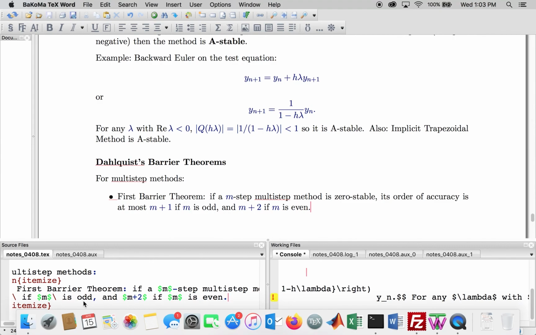One example of where the barrier is hit is a method I showed last time. Simpson's method is a two-step method that is fourth order accurate. It is zero stable, just weakly so. So m is equal to 2, its order of accuracy equal to 4, so it hits the upper limit.